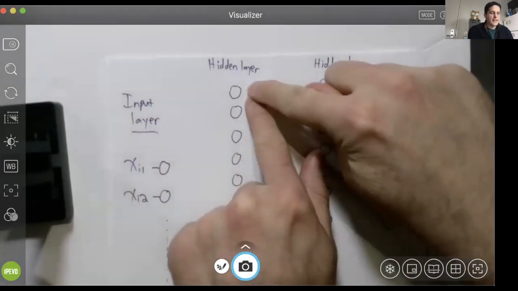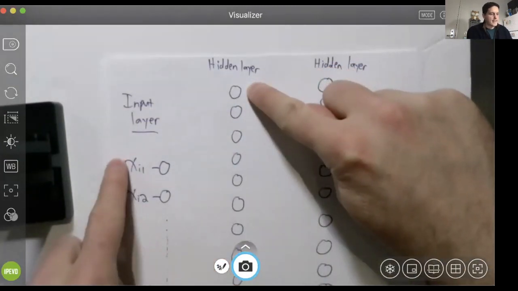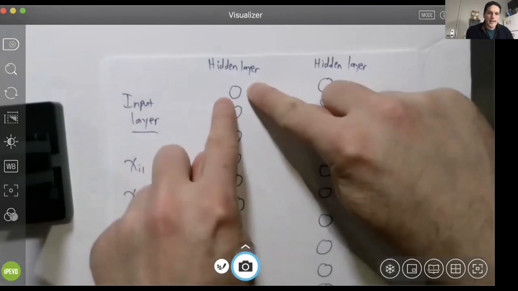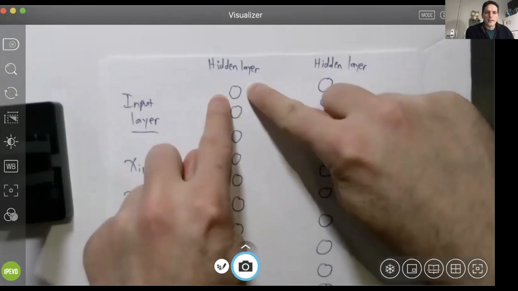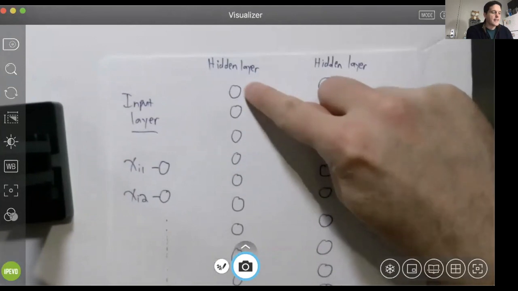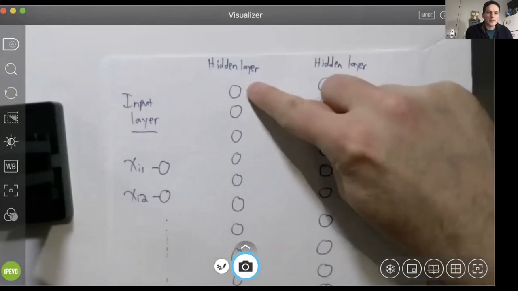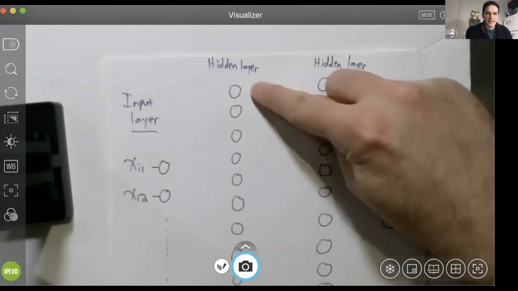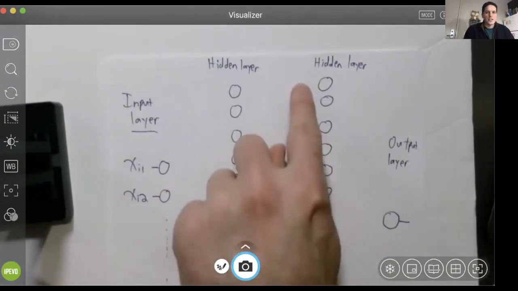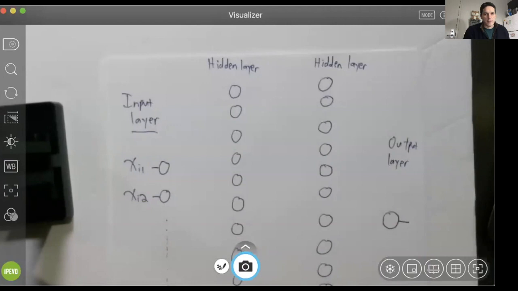So what this node does is it takes the input vector xi, computes the dot product of xi against the weight vector that belongs to this node, then adds the bias term that belongs to this node, and the result of that computation is plugged into the ReLU activation function, and the output is a scalar, which is then fed in as input to each node in the next layer of the network.